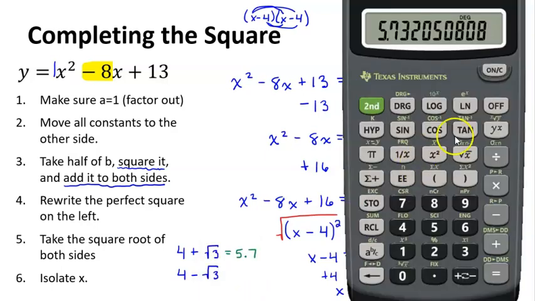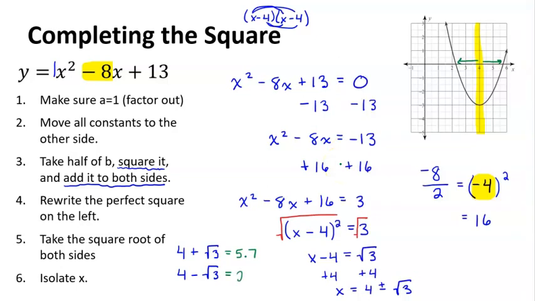Then I have 4 minus the square root of 3 equals, and I get 2.3 here. And so if they were asking for exact answers, this is what I would have given them. But if they're asking me to round, then these would be fine. But notice that if I was just doing graphing, I wouldn't be able to tell what these are. I wouldn't be able to guess that decimal value or even a rounded version of that value.